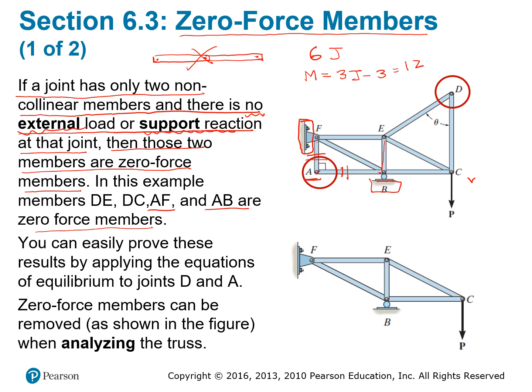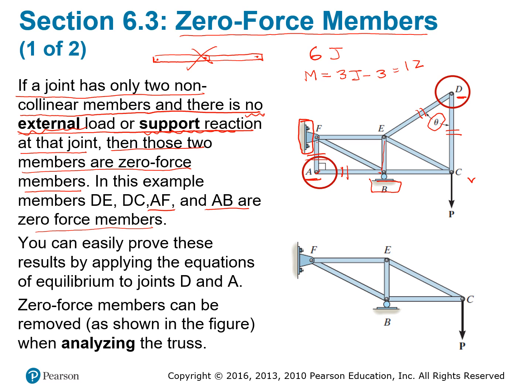Same thing if you look at this right here. Theta is not 180 degrees, meaning they are not collinear, and there's no external load and no support reaction here. So this one is a zero force member.